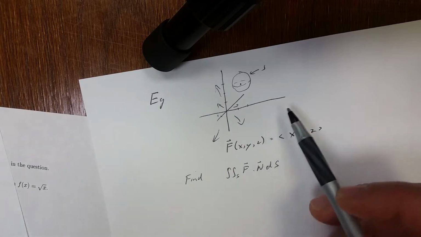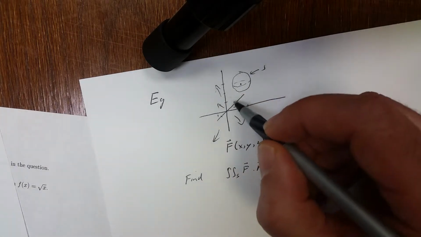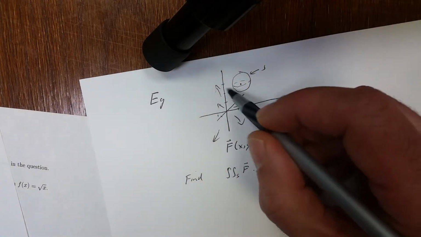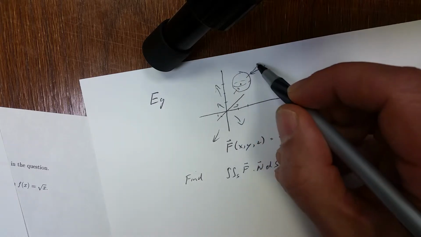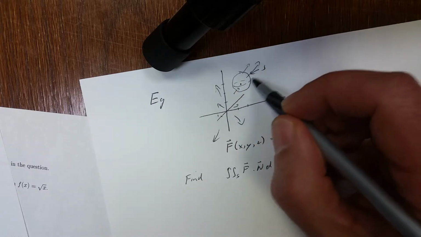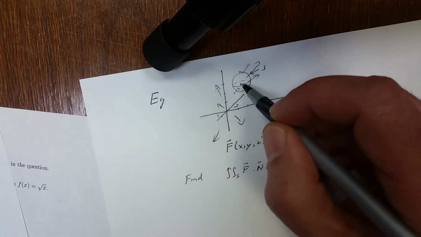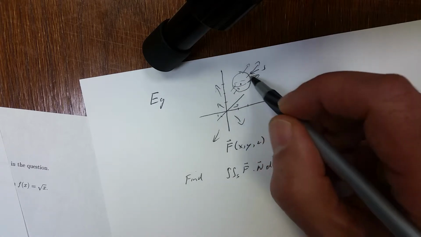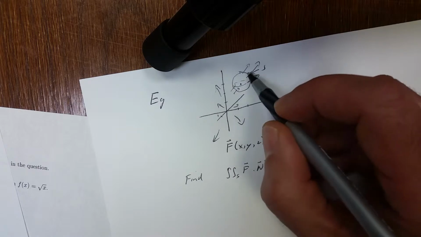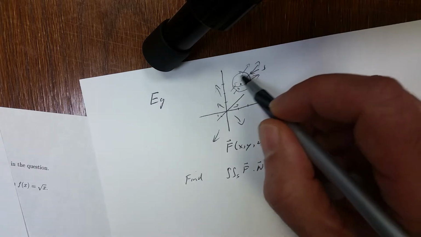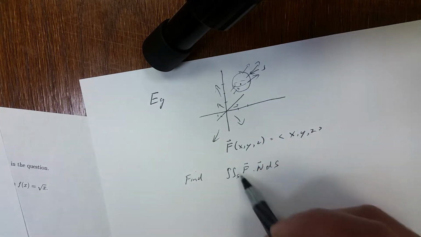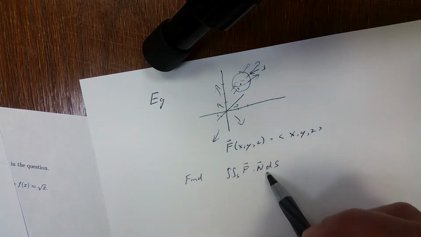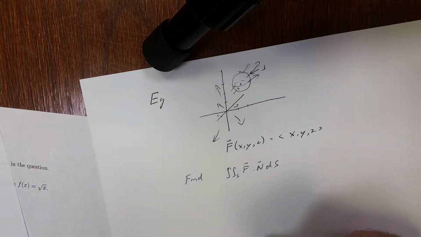We can see right away, since what we have here is that vector field that we described before, that we're going to have gas or whatever this substance is leaving this region faster than it's entering, because on the far side of the sphere, things are sort of moving across it faster than they're moving into it. So we can see that this flux integral on the whole is going to be positive.